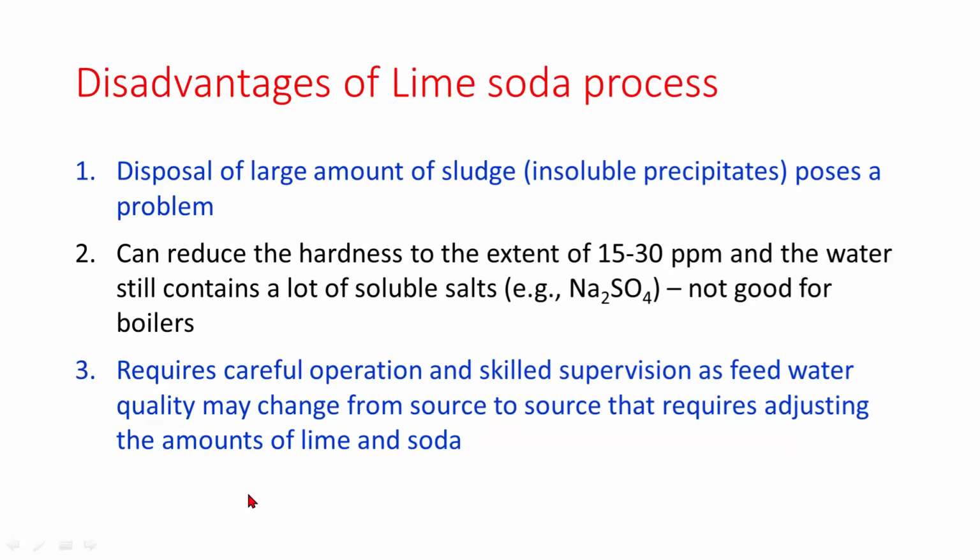It requires careful operation and skilled supervision as feed water quality may change from source to source, which requires adjusting the amount of lime and soda. That is, the supervisor should be able to properly calculate the lime and soda requirement for the incoming feed water.